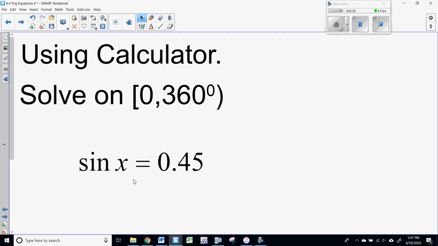Now, what we're going to do to solve this is use our inverse. So if we think back to when we did our triangles, we could say the angle is just inverse sine of 0.45.